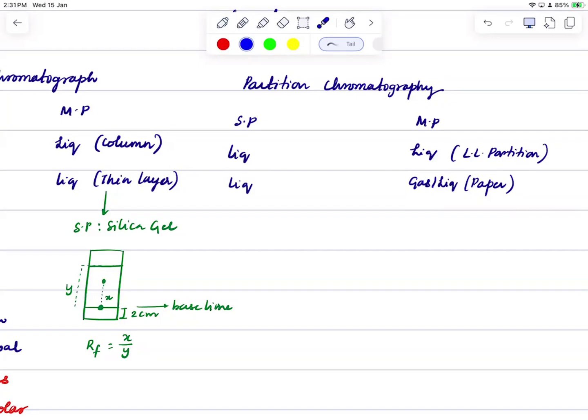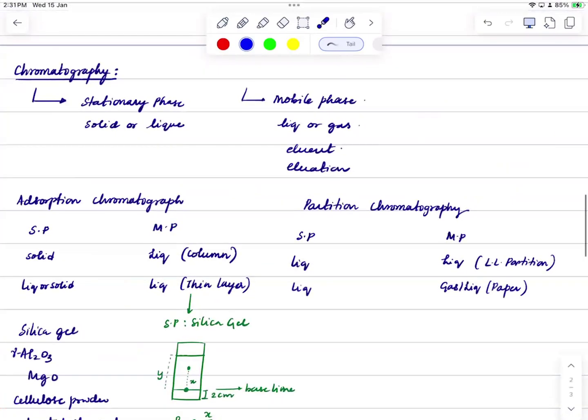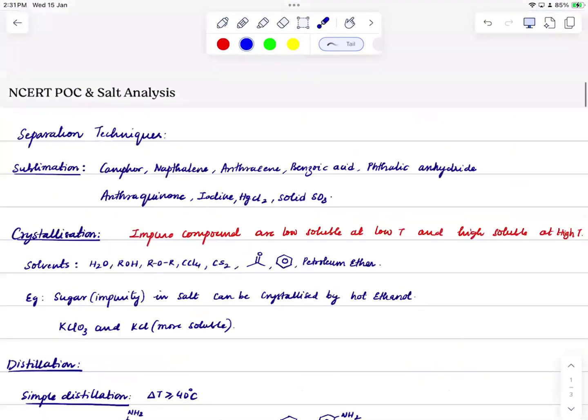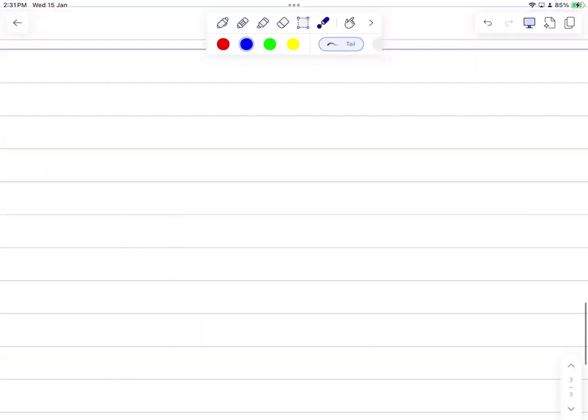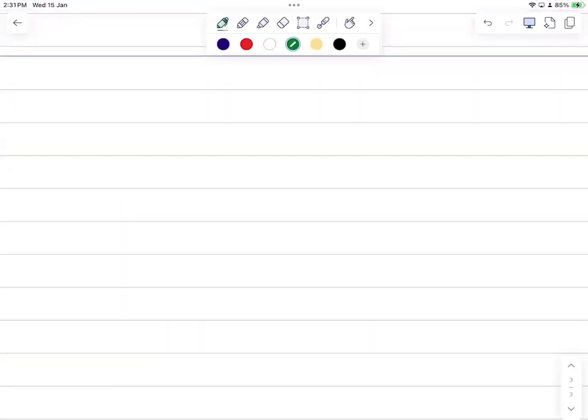Here also we'll have the same retardation factor, and based on that, you know what to do. So guys, this is the basic idea you need to have from separation techniques. Got it?